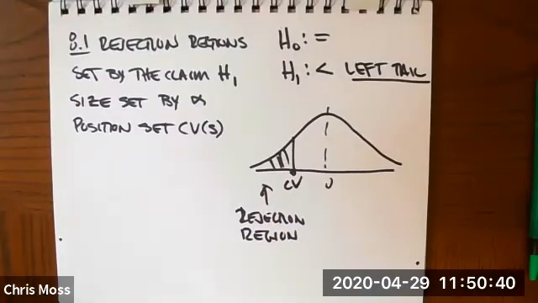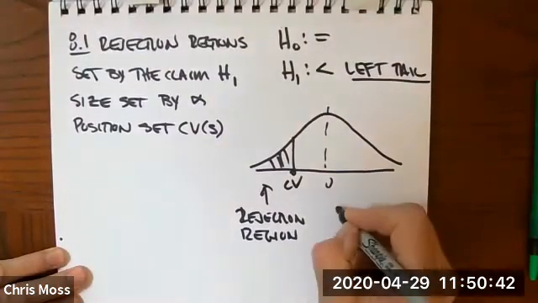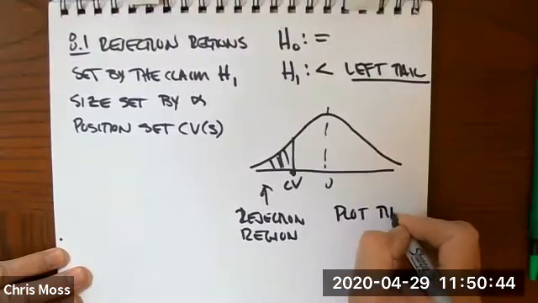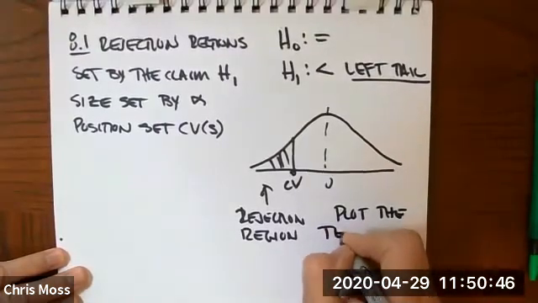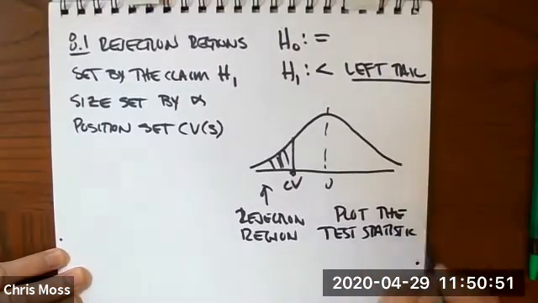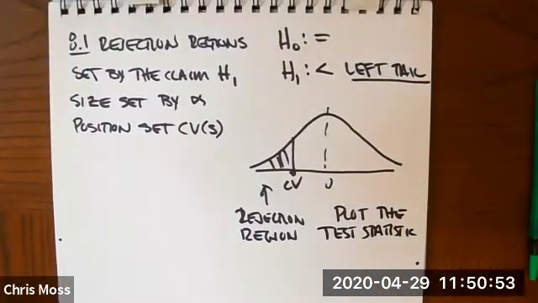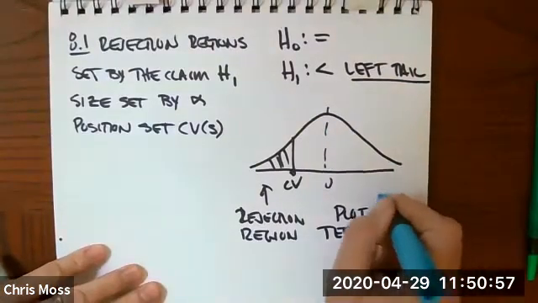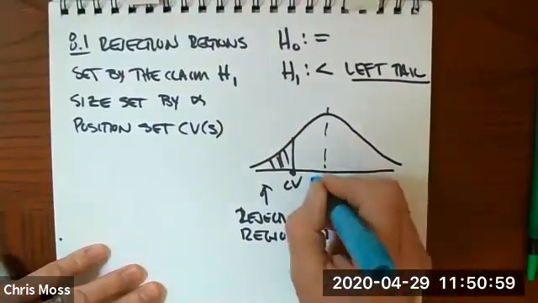And then what I need to do is to plot the test statistic. So the idea is to plot that test statistic somewhere on this continuum.